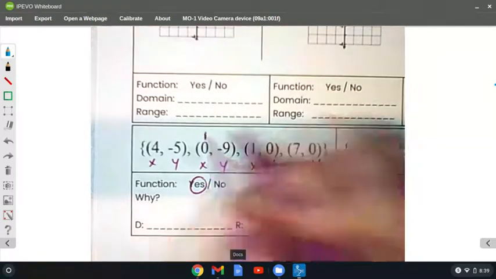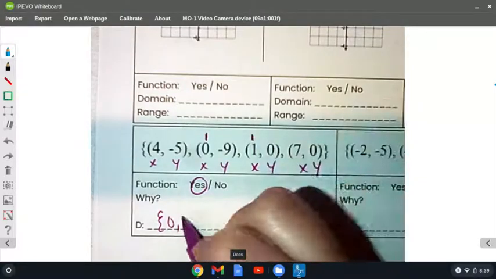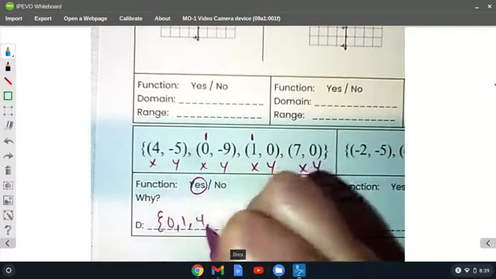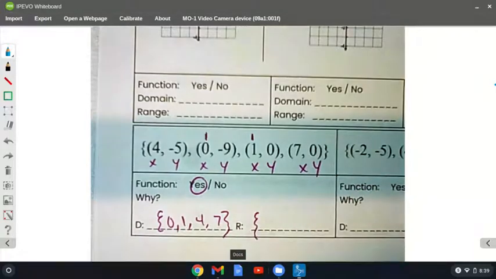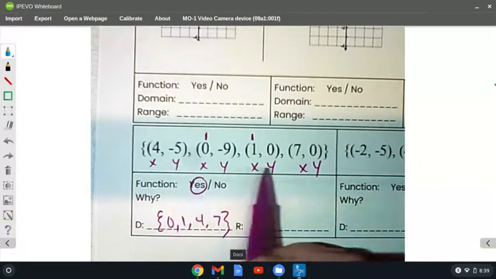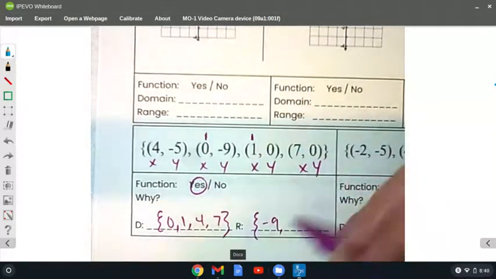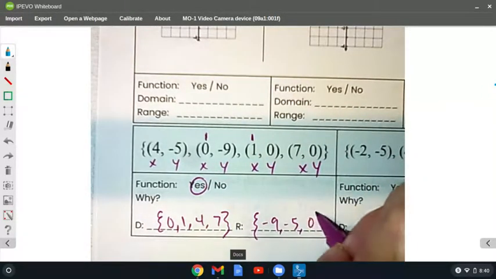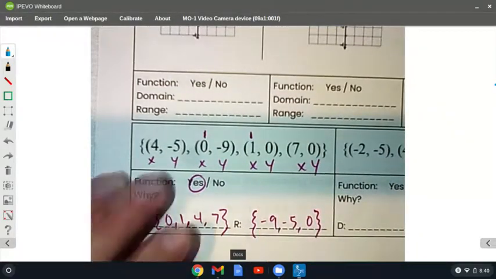I want to go from small to large. So the smallest one is a 0. So I'll start with a 0, then a 1, and then 4, and then 7. Range is my y values. So my smallest y value is this -9, then the -5, and then 0. I don't need to put 2 zeros. I can just put it once.